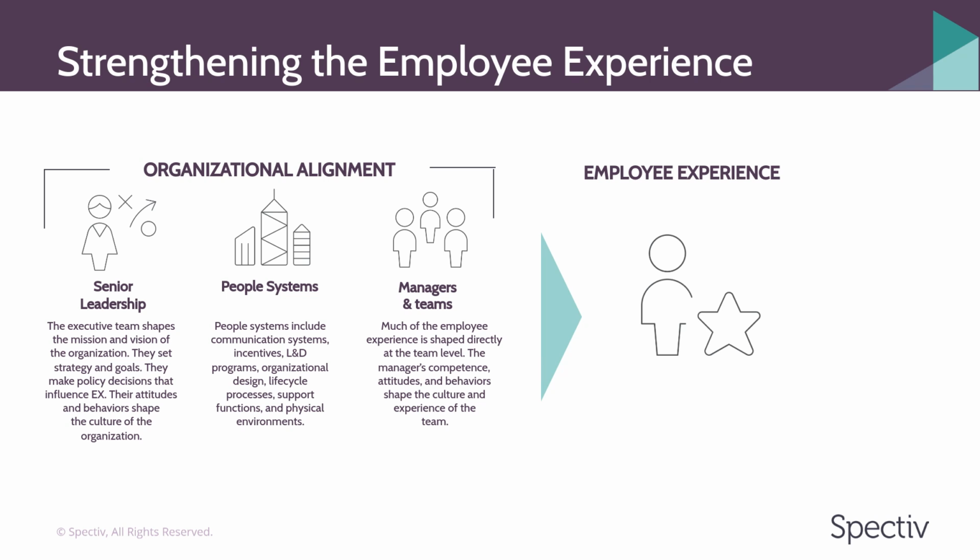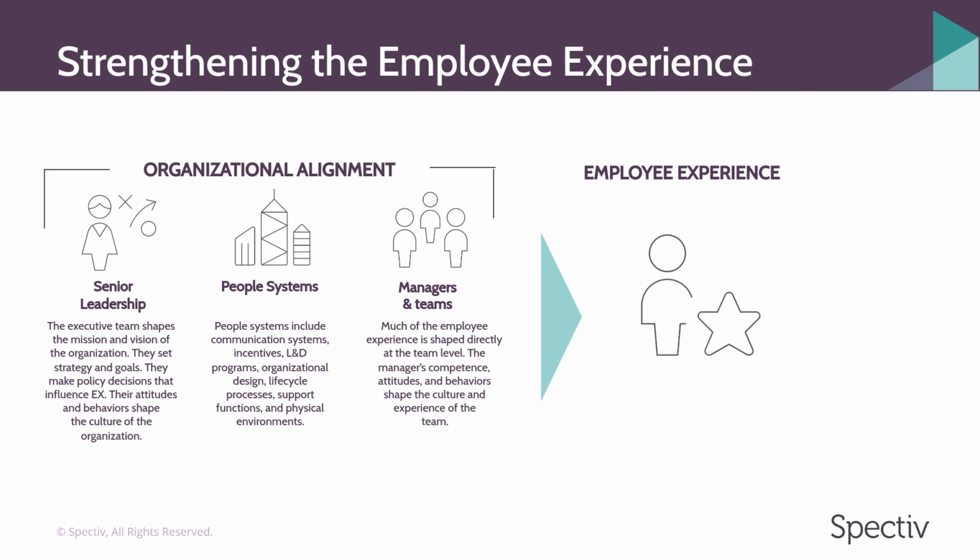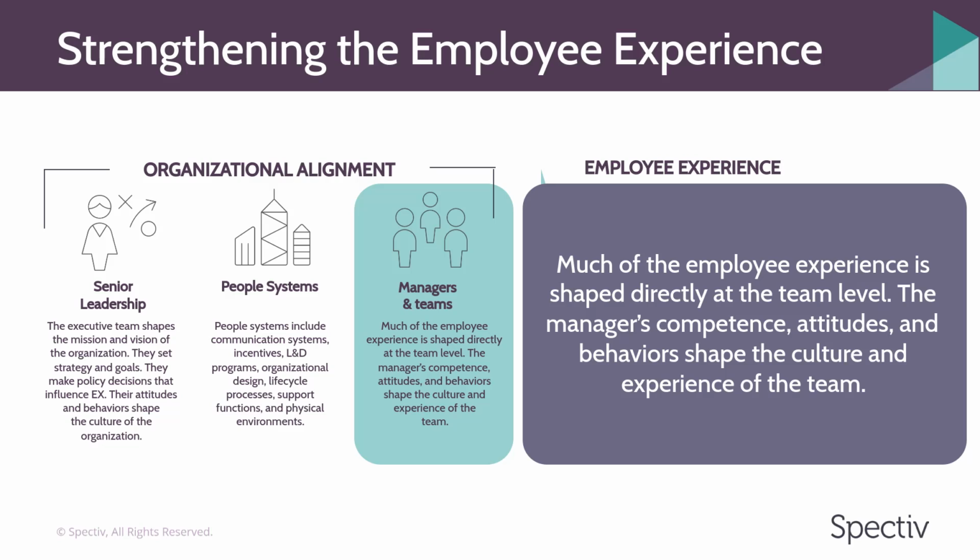So the manager and team area, you'll notice in this model, managers and teams are deliberately closest to the employee experience. They're on the right of the alignment model here. And that's because they're so close to the employee. Much of the employee experience is shaped directly at the team level. The manager's competence, attitudes, and behaviors shape the culture and experience of the team.